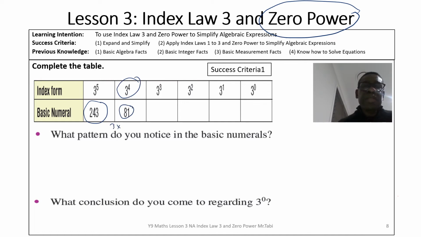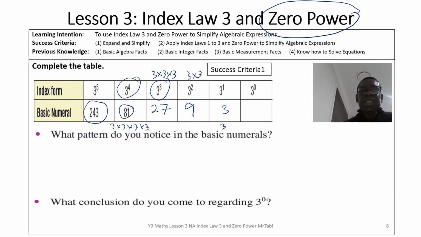It's 3 times 3 times 3 times 3. 3 cubed is what? 3 times 3 times 3, and that's 27. This is 3 times 3, and that's 9. That is 3. So that's 3, and that, let's reserve for a moment.